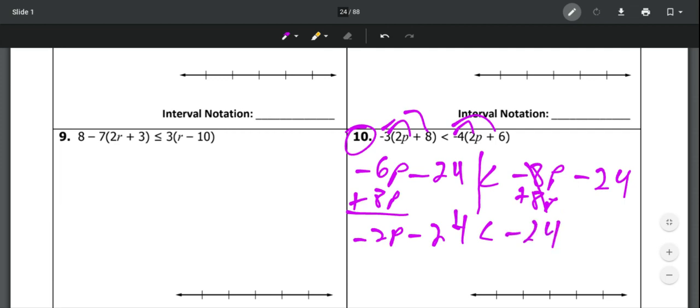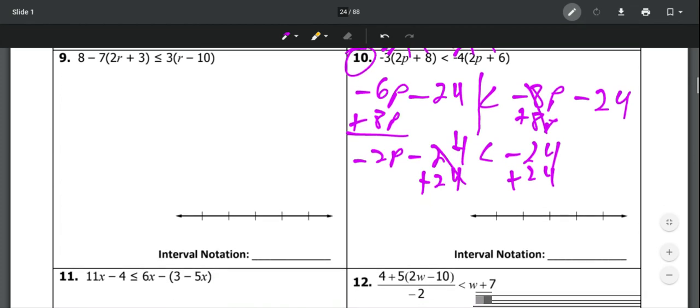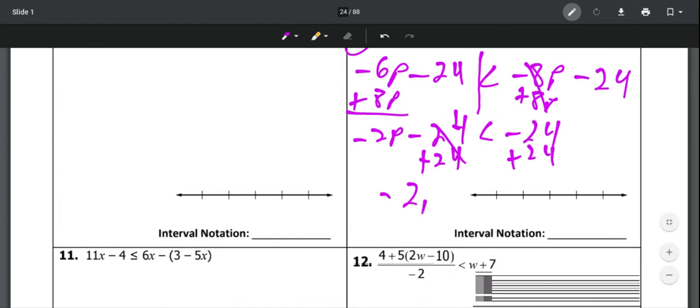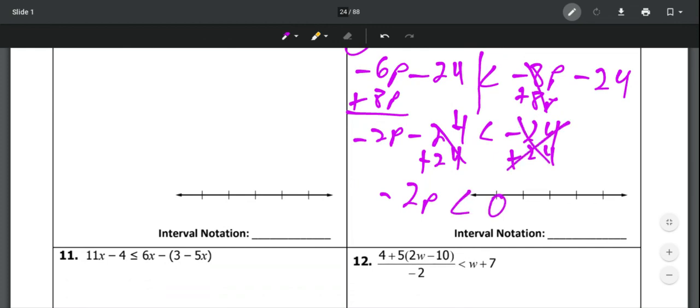Now we're going to do the same thing, except we're going to get the numbers on the right side. So plus 24 plus 24. That's going to give us negative 2p less than, now that becomes 0. But that doesn't affect us in any way right now, because all that means is that this p is going to end up being less than 0.